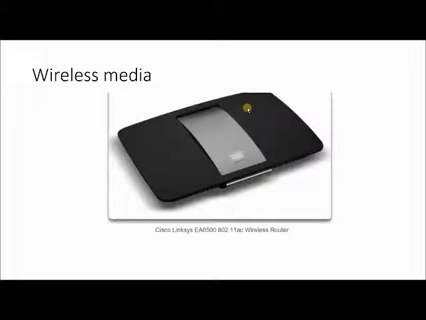Now we're going to talk about wireless media. Wireless media works with electromagnetic signals representing binary digits of data using radio or microwave frequencies. The main issue with this type of media is the coverage area, because the environment affects the performance of the network.